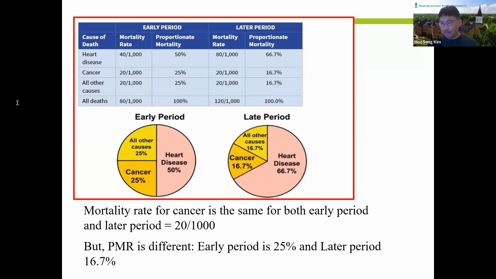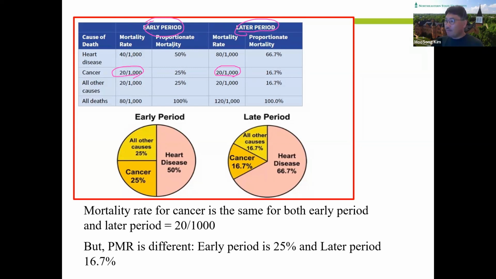Here, 20 people die from cancers, almost 1,000 people. Then 20 people die, and also almost 1,000 people in the later period and early period. It is kind of the same mortality rate. This is a cause mortality rate, right? Cause mortality rate.